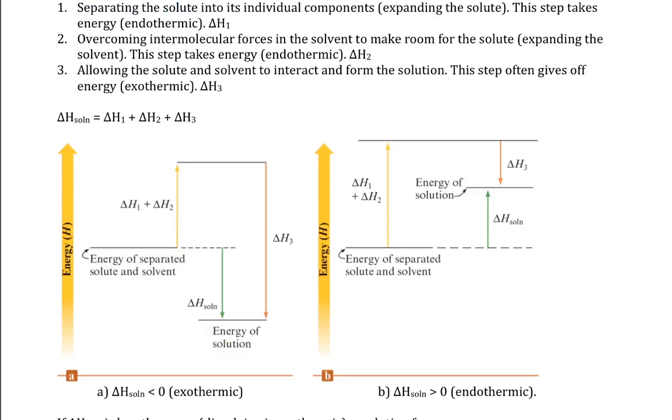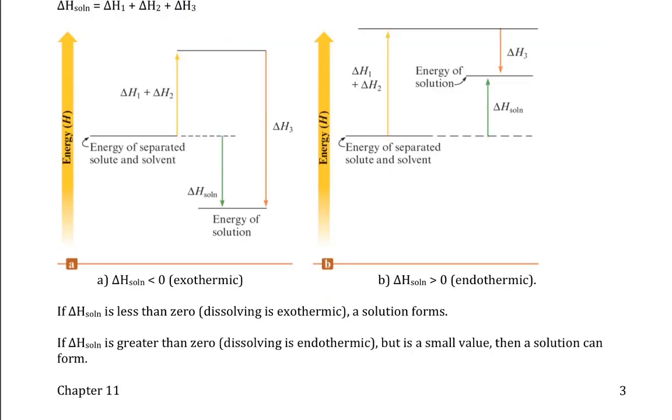In this diagram, we see that we have energy versus time, and we have the energy of the separated solute and solvent particles. The energy it takes for that to occur is delta H1 plus delta H2, so that always takes energy. So we climb upward on our energy axis. Then, when they mix together, let's say energy is given off, so we'll have a downward arrow.